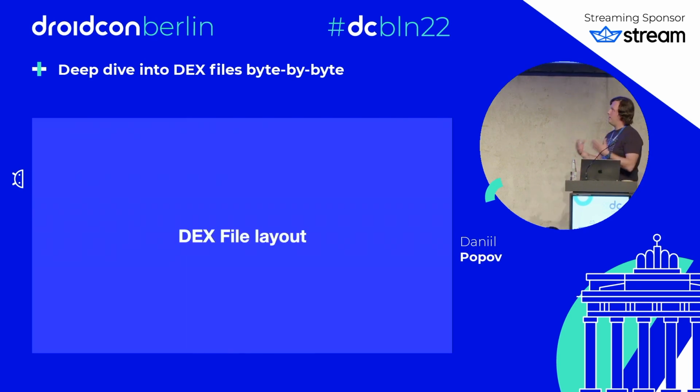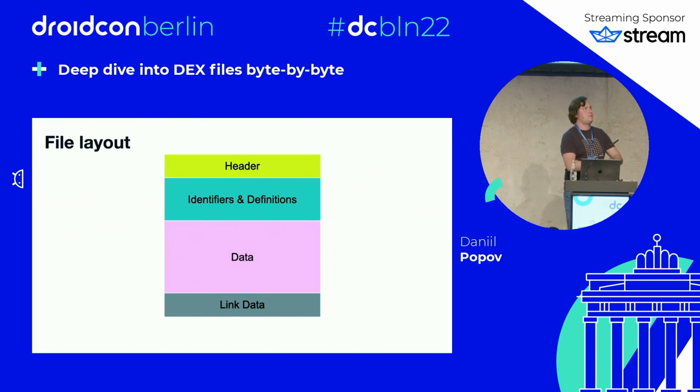Okay, let's finally dive into the format itself. So basically, at first glance, a DEX file consists of 4 sections. The header, and the section which holds different identifiers and definitions. The biggest section is the data section.